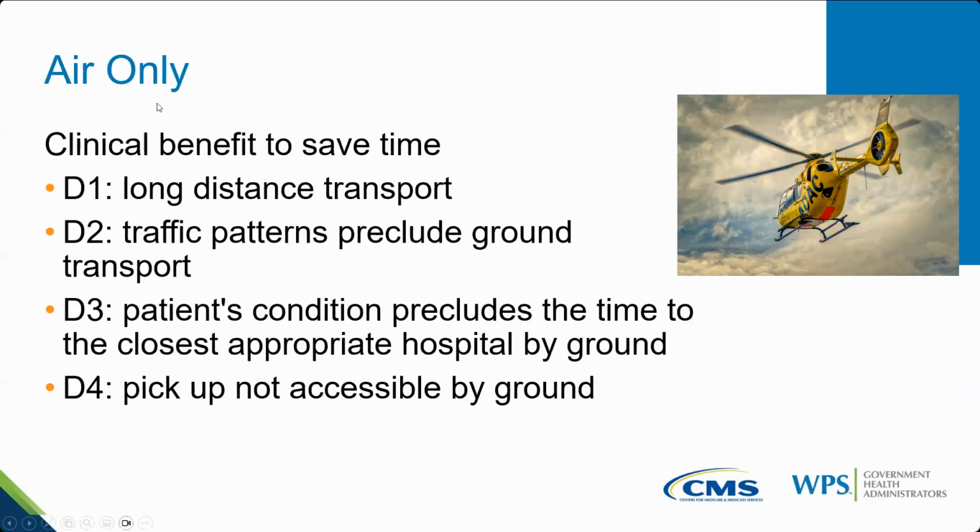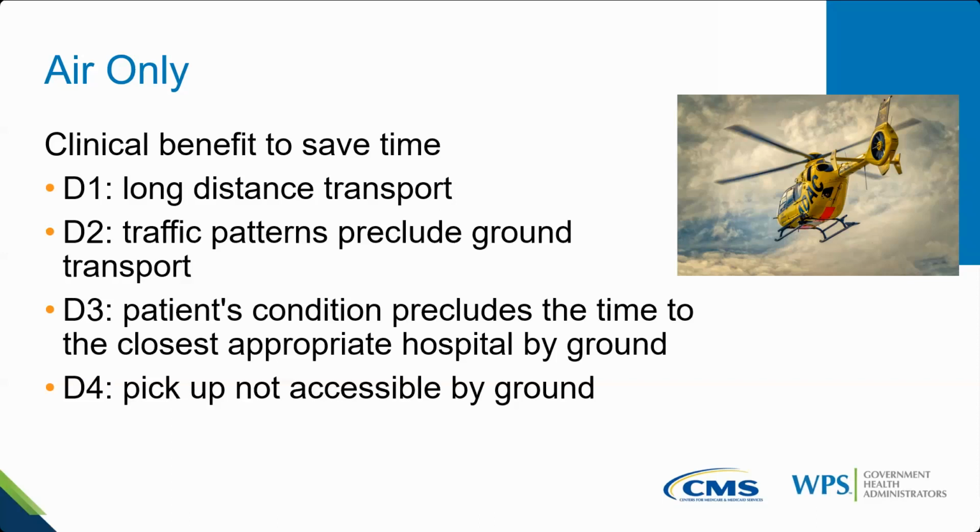Air only are your codes that you can use for air only. And again, you want to be able to say within the medical records, within the run report, within the assessment, wherever that is, that the air is the only safe means of transport, and here's why. One, it could be a long distance transport. The sheer distance to get them there, it's not safe to take them by ground. Two, there are traffic patterns which preclude the ground.